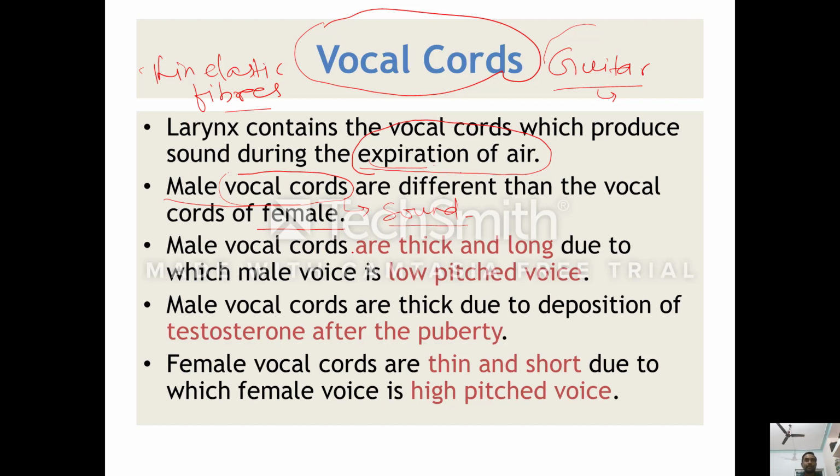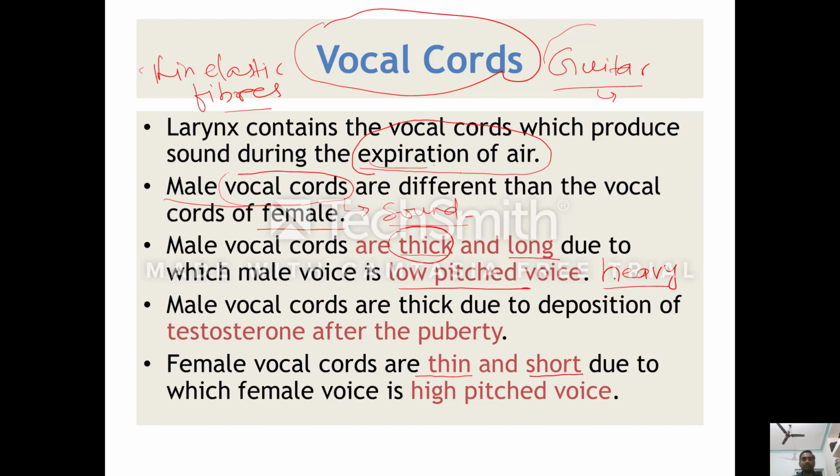Male vocal cords are comparatively thick and long, whereas female vocal cords are thin and short. Due to the thickness of the vocal cords, the male voice is low pitched, or in simple terms, a heavy voice.